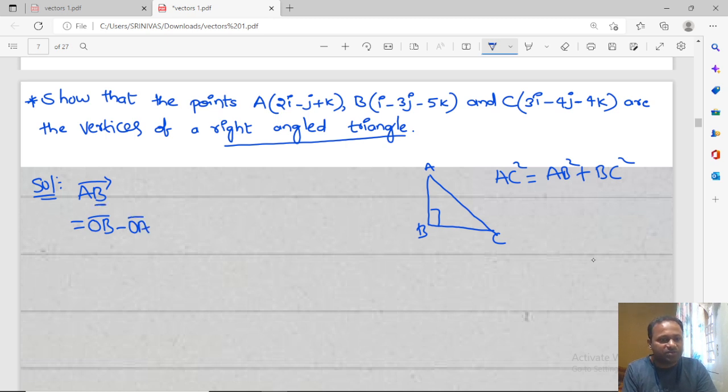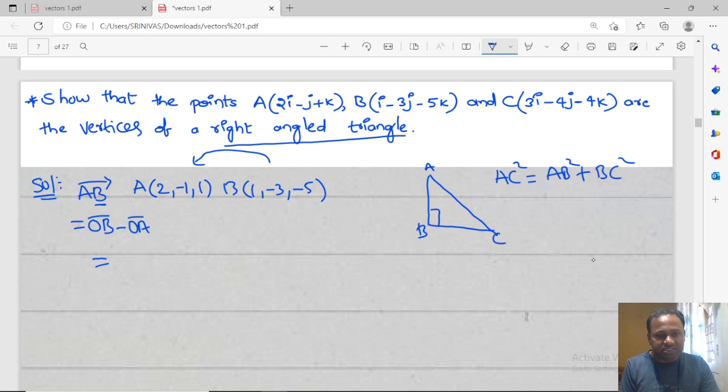Start with B. First of all, A, what we have? 2 minus 1, 1. B, what we have? 1 minus 3 as well as minus 5. So from this OB minus OA, that means minus.